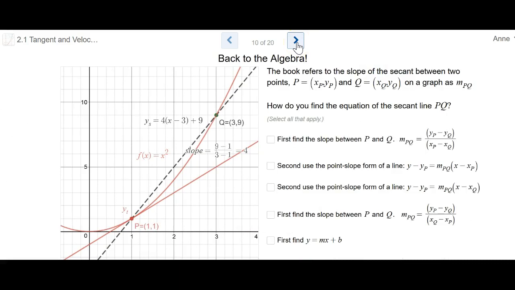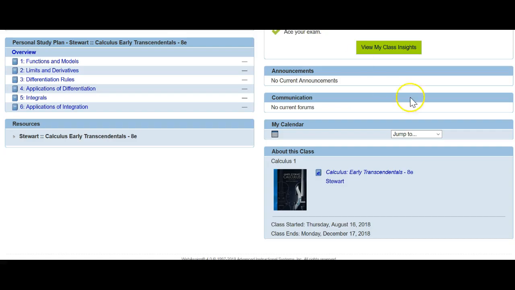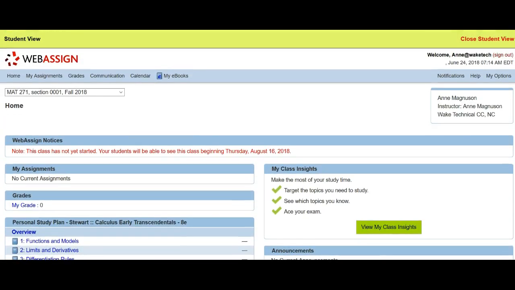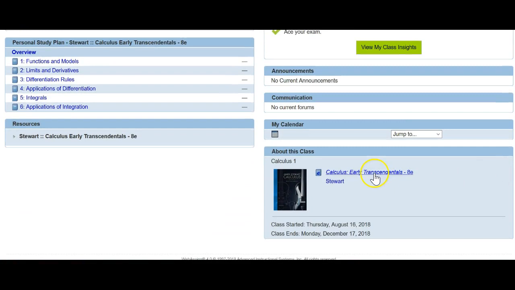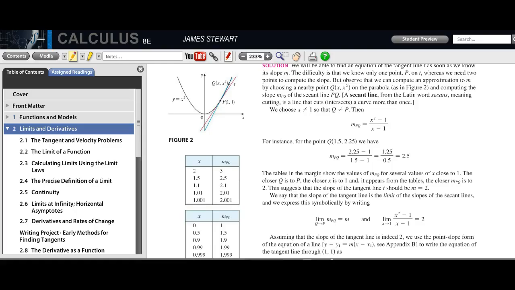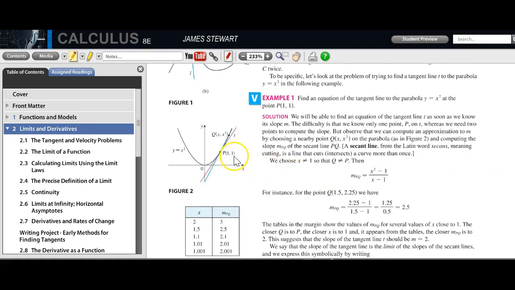So now let's look at how the book refers to all this. I'm going to click over here to the ebook, which you can access from WebAssign. If you go to our home page in WebAssign and click down here, it'll bring you to the ebook. And the ebook has this example, and it shows the point P is the one that we're interested in, 1, 1, and Q is the other point.